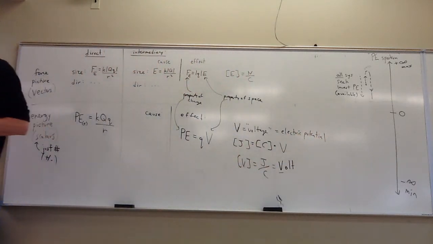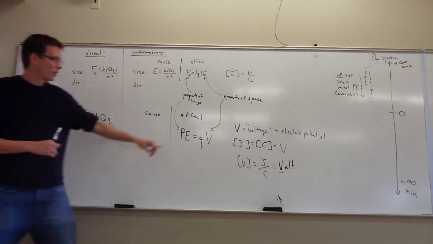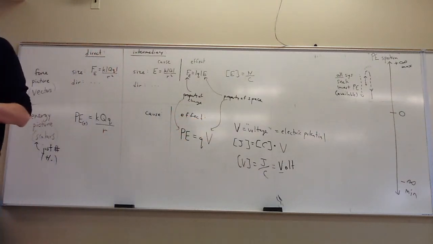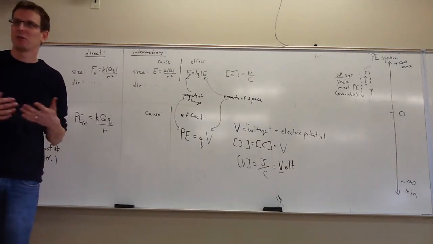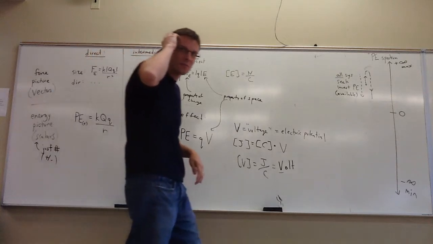Now that is perhaps the most confusing thing, because that is not the same as electric potential energy. So there's electric potential energy, PE, and electric potential, which is volts, and they sound way too similar. So just to try to cause a distinction, I'll refer to electric potential more informally as voltage. Okay? Does that make sense?